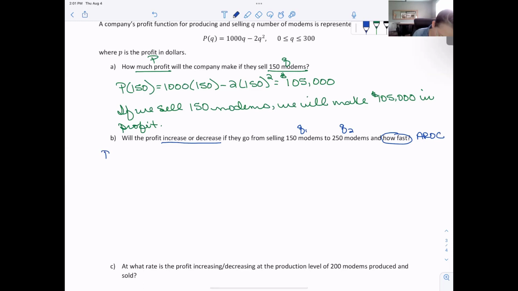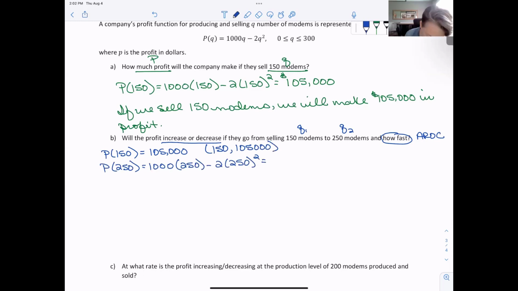So let's first find the y values that we need for this function. So we're going to find P of 150, which we already found above to be $105,000. So there's one point, 150 and 105,000. We need to find P of 250. That gives us 125,000. So that gives us the point 250, comma, 125,000.